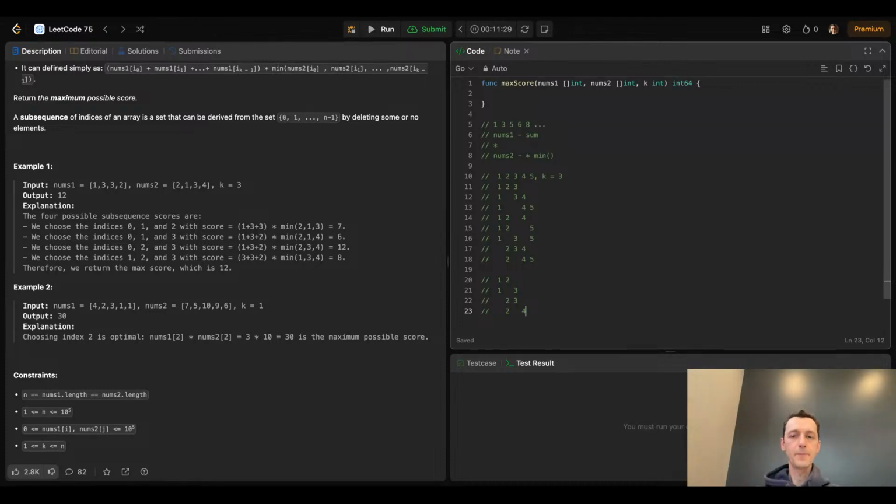And so this suggests that we probably cannot afford to try all the subsequences. We want to prioritize. And the way to prioritize is to start with the bigger numbers.